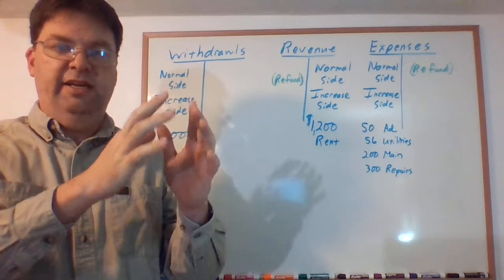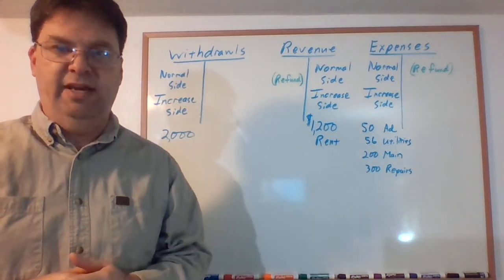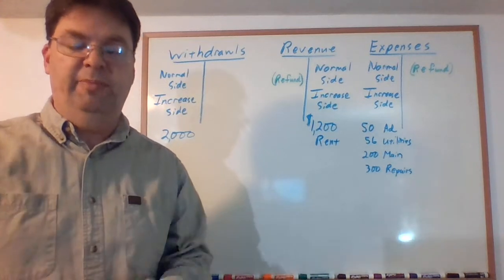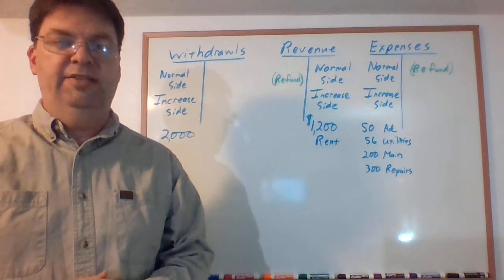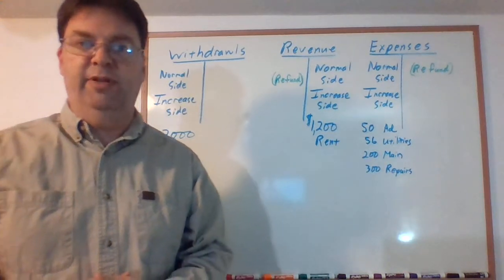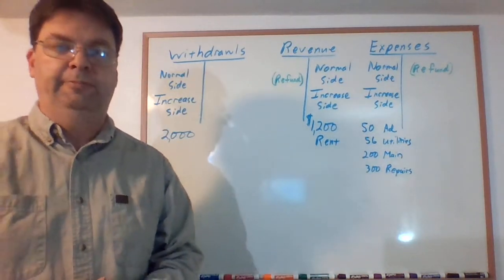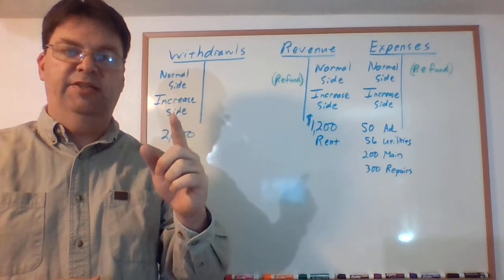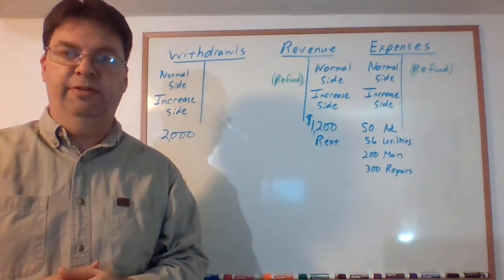So the idea here is that withdrawals is on the debit side. The reason is for when we do our little switcheroo to put it back into the capital account, it's got to be on the debit side to start here so that it can move into capital. All right. So withdrawals, our normal side is the debit side, and that's where we increase it.